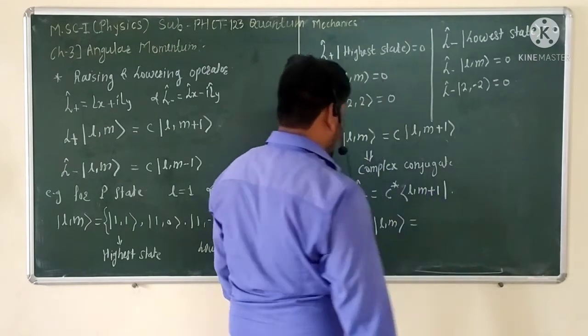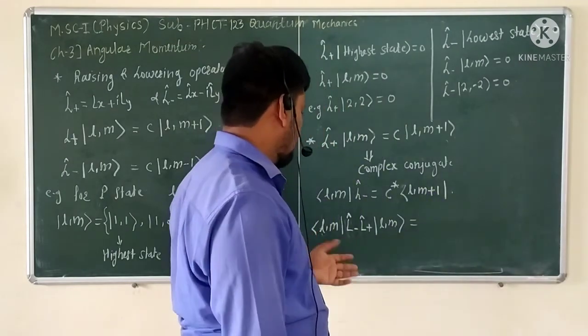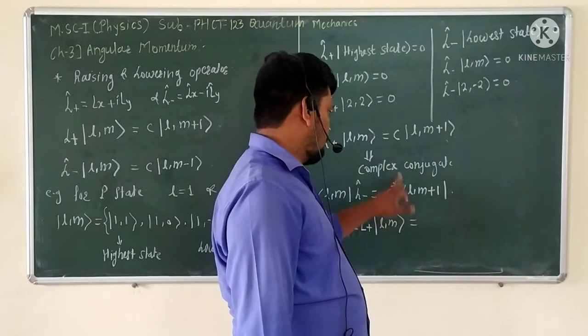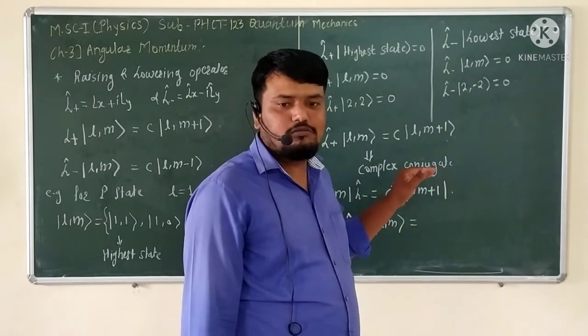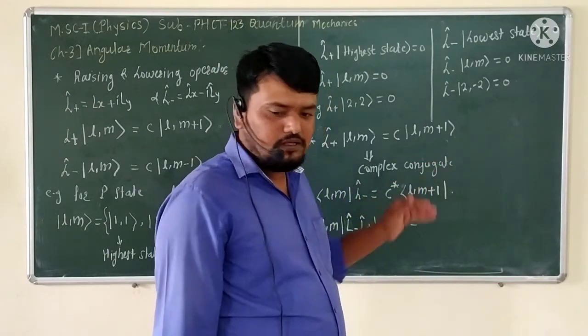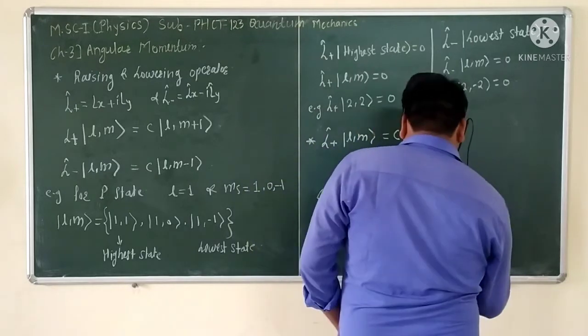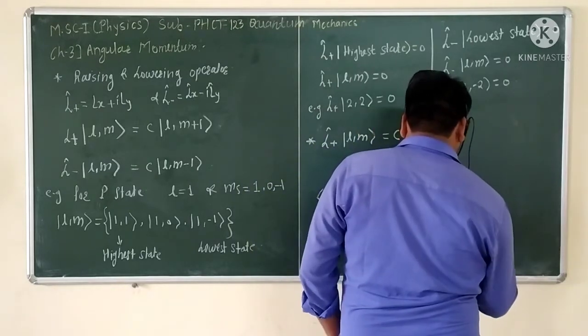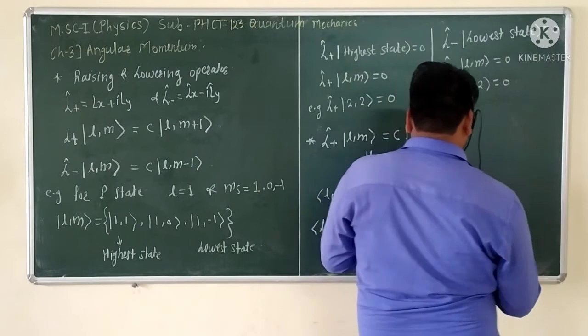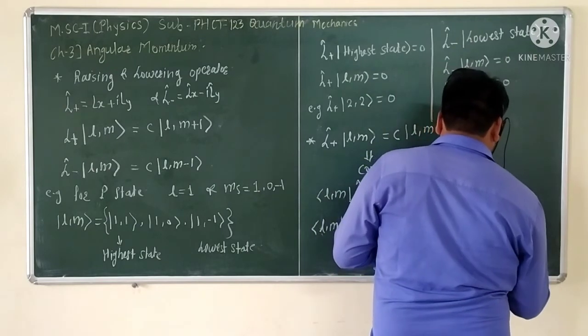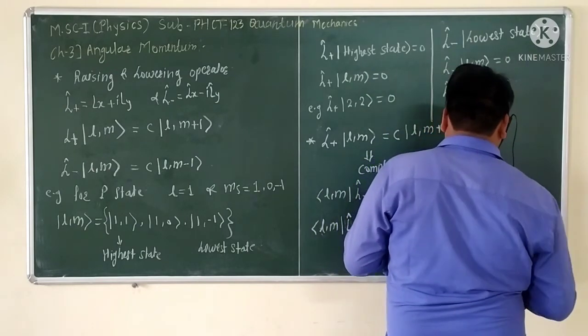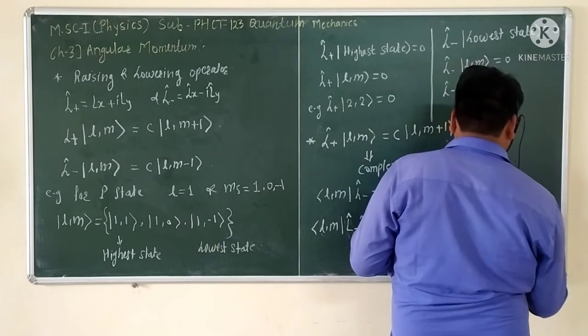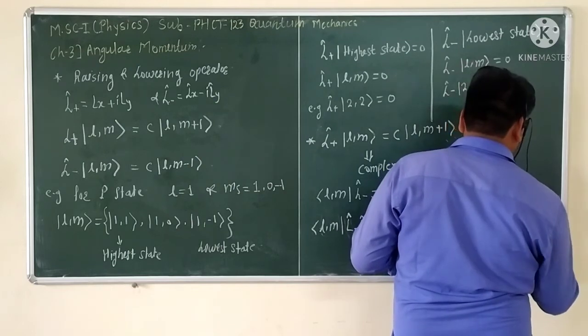Okay, and this is nothing but C star C, that is the mod of C square. So that is considered as the mod of C square, and this value is considered with the state L comma m plus 1.